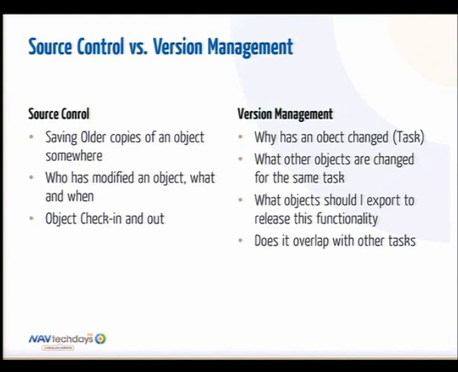And if I export the objects to another database, do these objects have overlap with other tasks that are maybe not finished and that I need to finish or maybe separate before I can put the objects from one database to another.